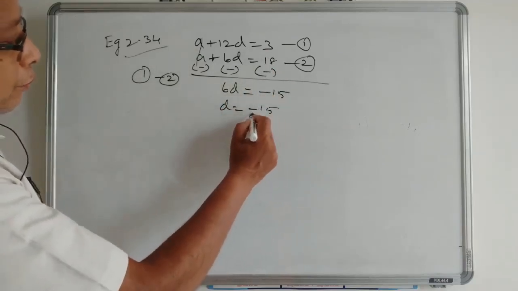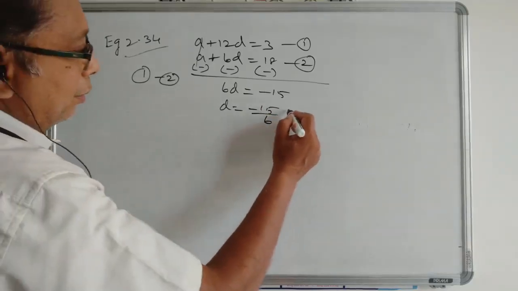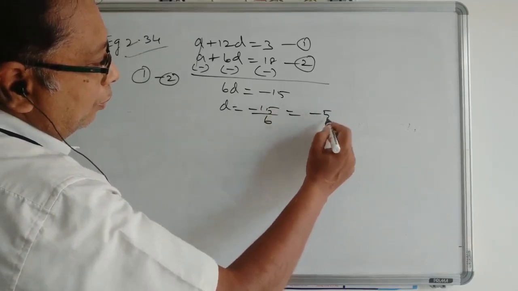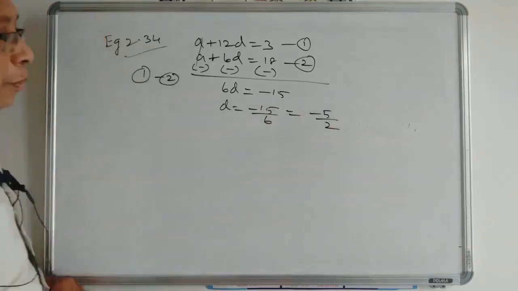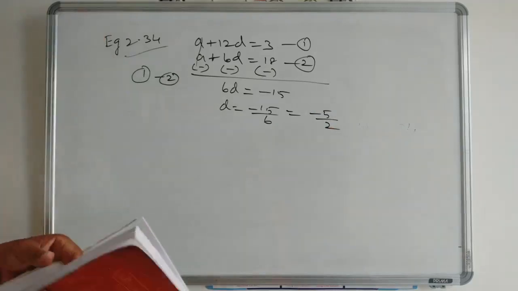Therefore d equals minus 15 divided by 6. We reduce by 3, minus 5 by 2. The d value is minus 5 by 2.